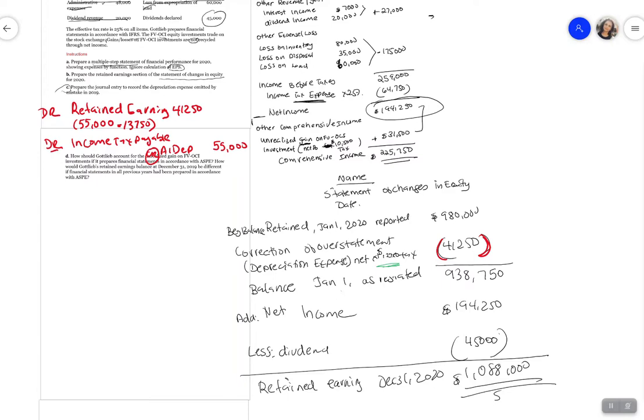If we did not report the depreciation, in other words my expenses were low, then my net income was high. If my net income was high, that means my retained earnings was high. So that's what's called an income tax payable. It will be a debit of 13,750.